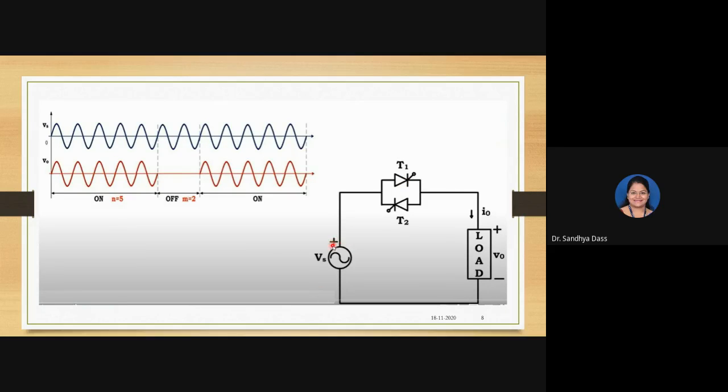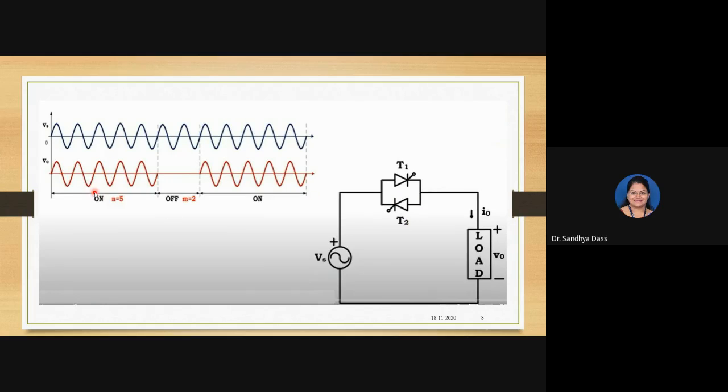In the next cycle, this terminal of the supply will be positive and this will be negative, so the current will be in this direction when you have turned on or fired T2.